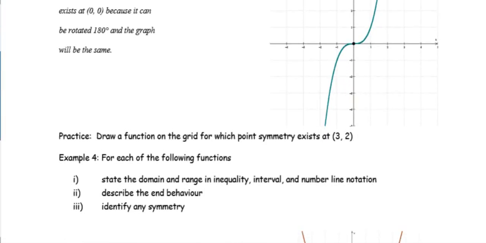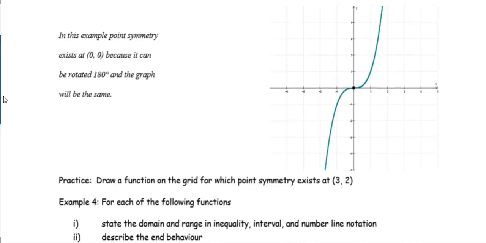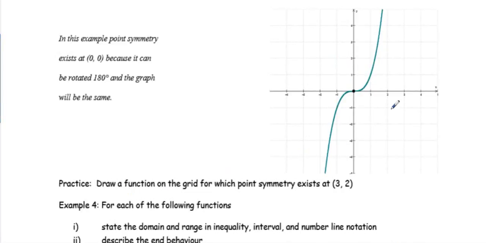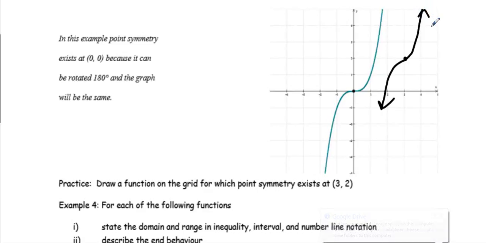Okay, so let's practice. It says draw a function on the grid for which point symmetry exists at the point 3, 2. So the easiest way to do that would be to go to the point 3, 2, draw in a little point, and then reproduce the graph that's here. Let's see if we have something like that, a little angled there.